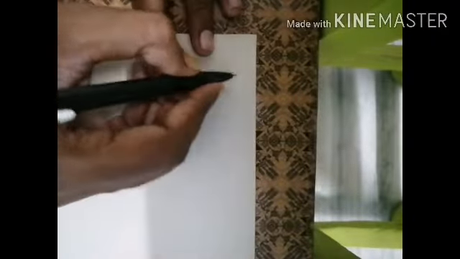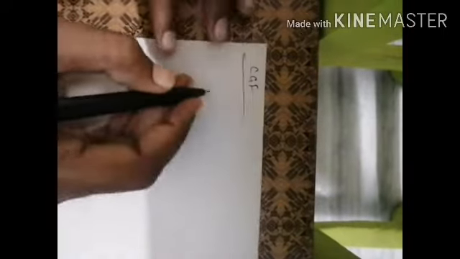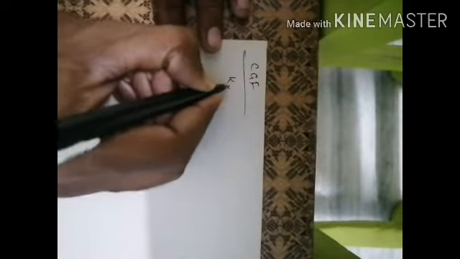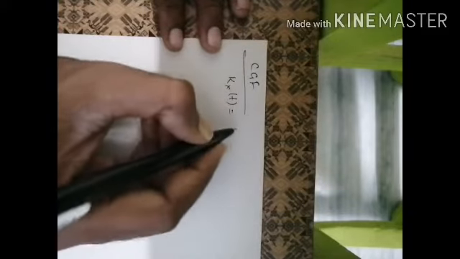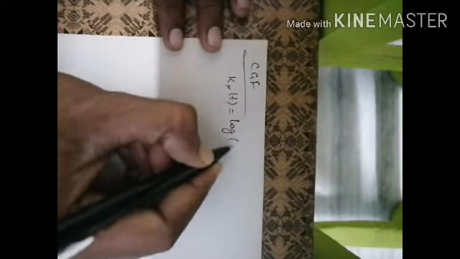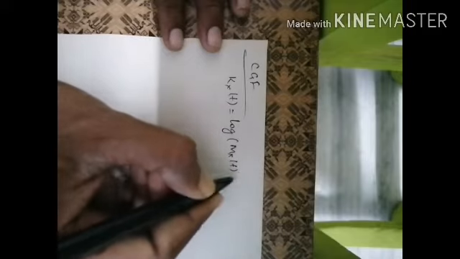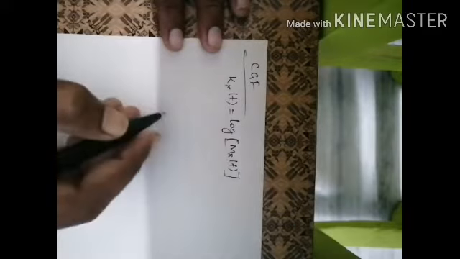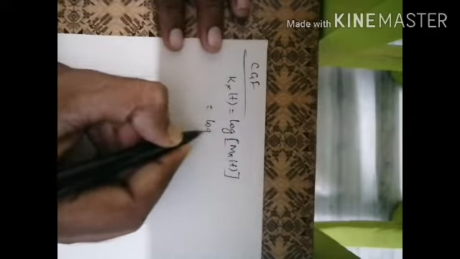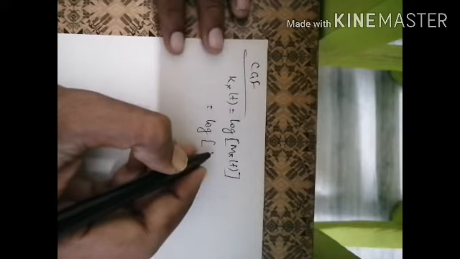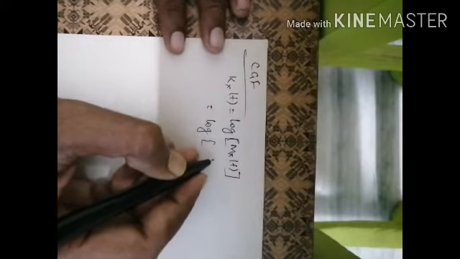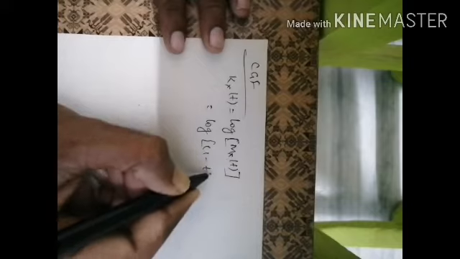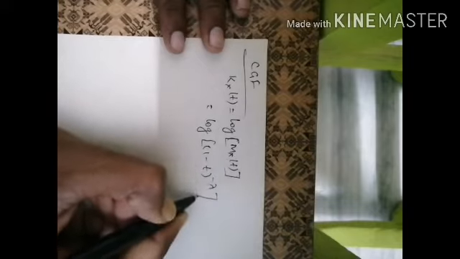So next, the CGF of the gamma distribution. The CGF symbol is K_X(t), which is equal to log of M_X(t). So log of what is M_X(t)? So far we have (1 minus t) whole to the power of minus lambda, right?